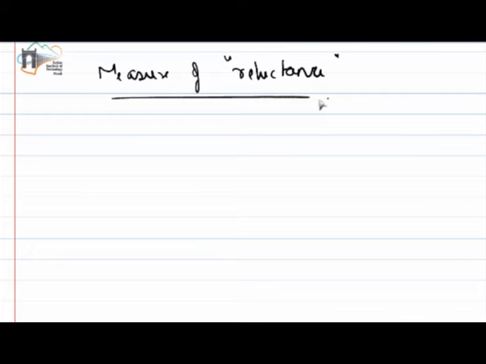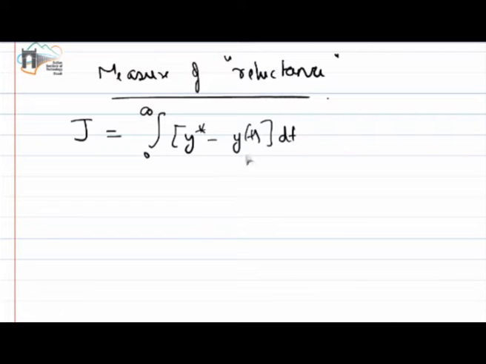It's called the measure of reluctance, and this is defined by, so if I put the value of y(t) into this equation, this is the final value.